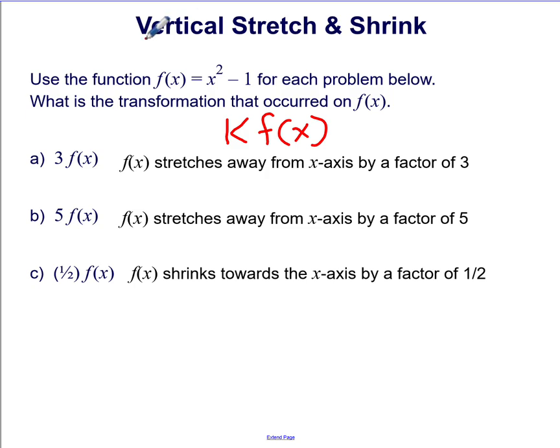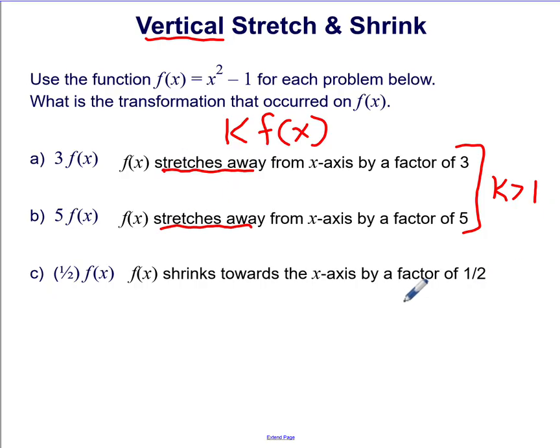When we consider vertical stretching and shrinking, we say that in general it's going to be the factor k times the function f of x. If k is greater than 1, which we have in cases A and B, then the function will stretch away from the x-axis.